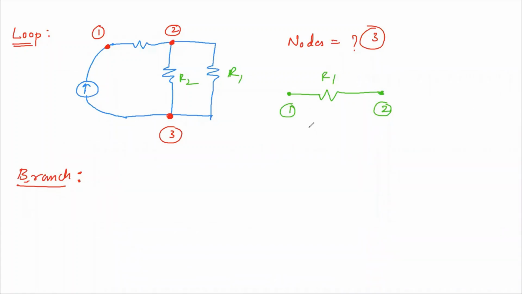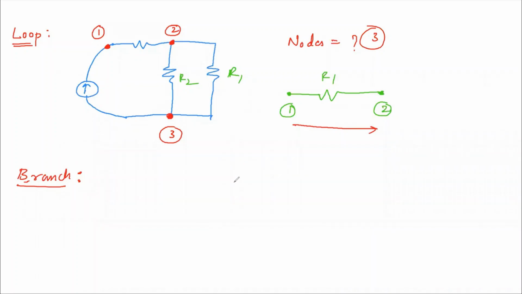Path means it is going from one node to another node without repeating the nodes. This is a path. It is a single path in a network composed of one simple element. Only one element has to be there.